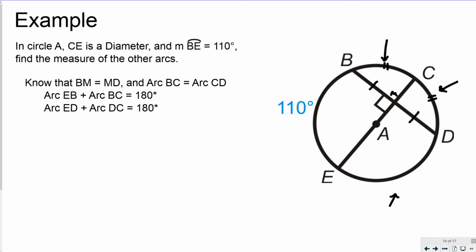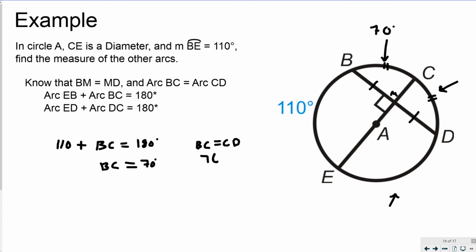So let's get this all figured out. If BE is 110, I can use this equation of 110 plus BC equals 180. That means that BC is equal to 70 degrees, 70 degrees up here. And then, since that's the case, I know that BC equals CD.